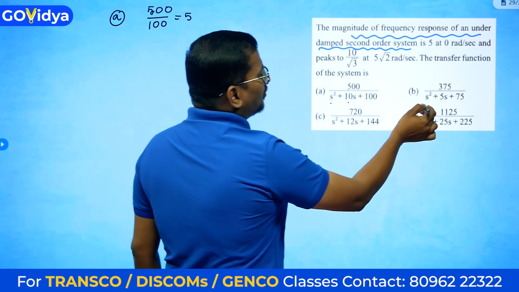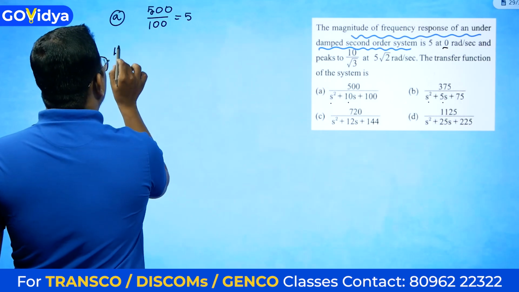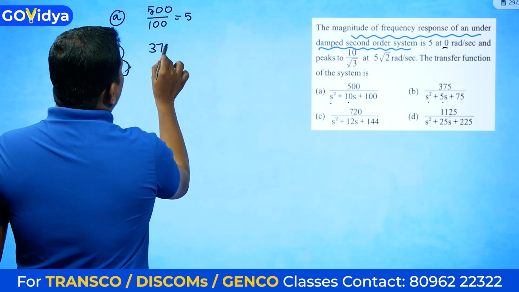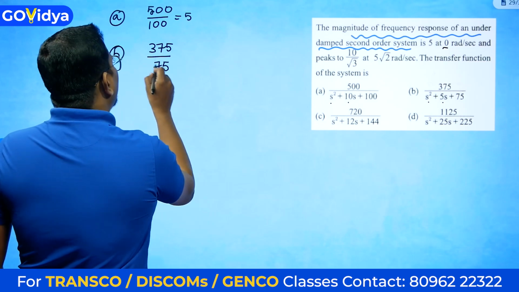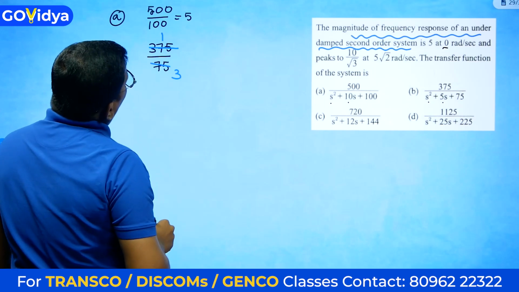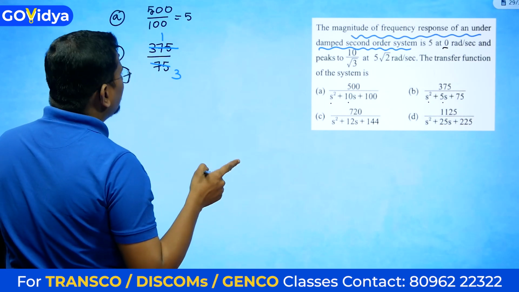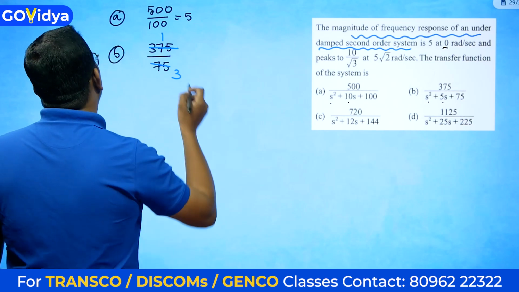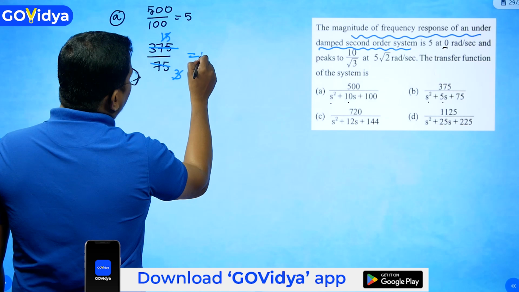In this one, put omega equal to 0. 375 by 75. 375 divided by 75, how much? 25 3s are 75, 25 times 15 is 375. So this is also 5.